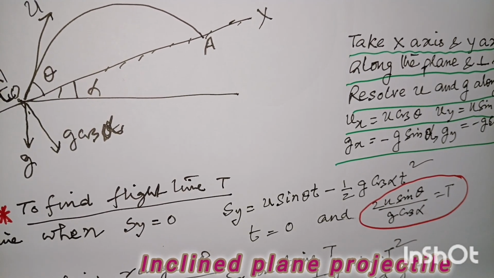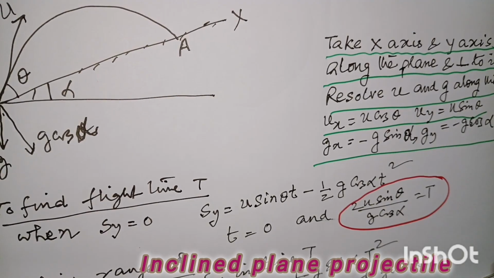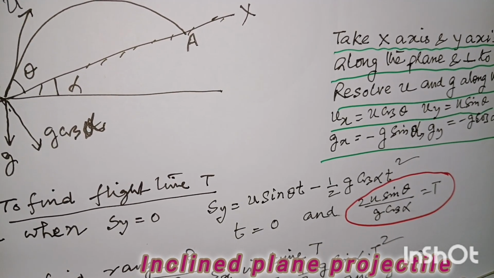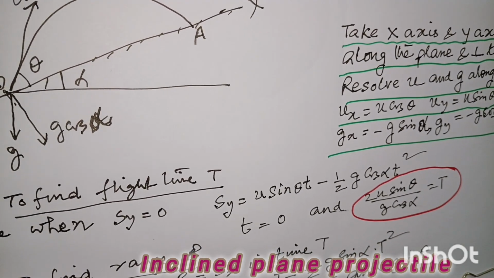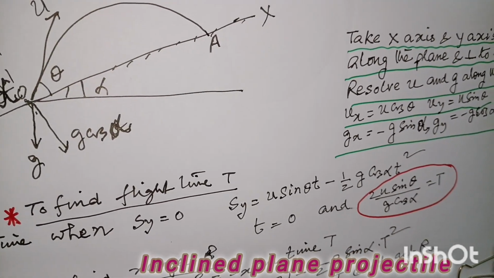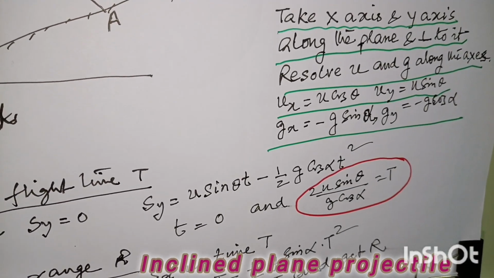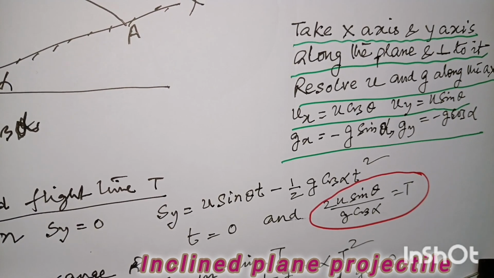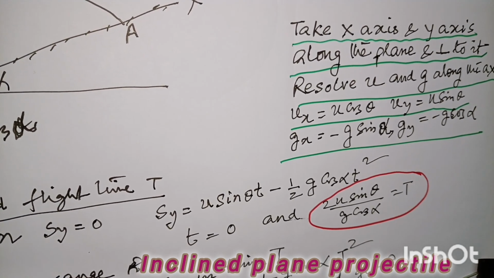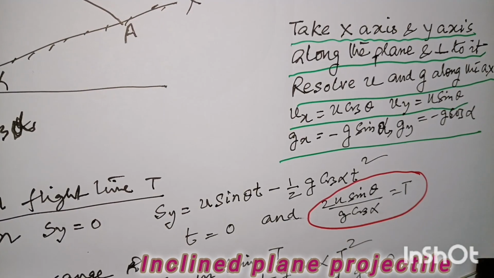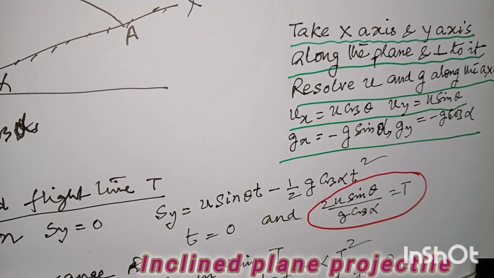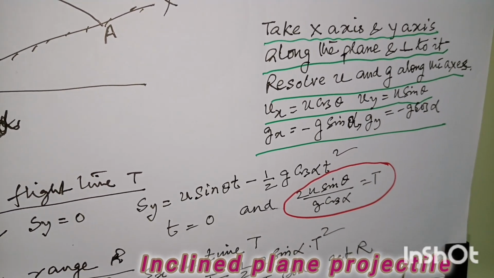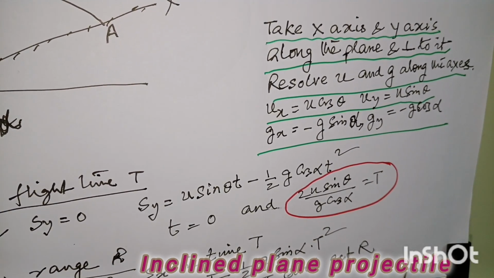If we put Sy equal to 0, we get a quadratic equation of t and it will have two values, one is 0 and one by solving we will get as 2u sin theta by g cos alpha. So that means these two values are one for the initial time, at the time of throwing, and another is the final time when it falls. That means that time gives the flight time. That means capital T flight time is 2u sin theta by g cos alpha.